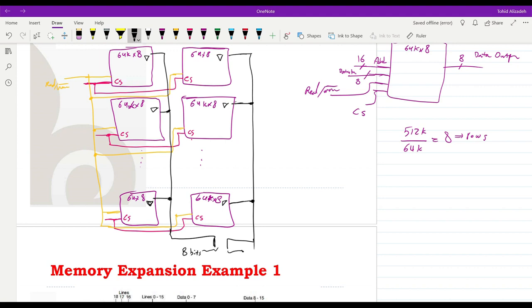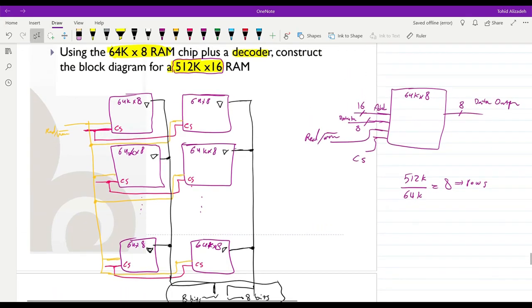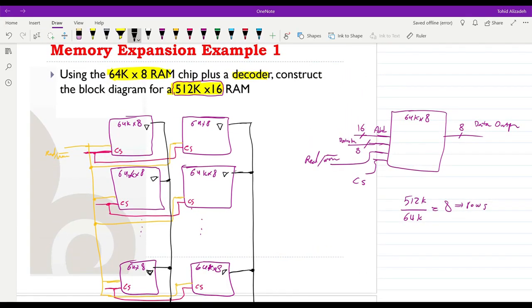This side will give us 8 bits of data, and in total we will have 16 bits of information. For the data in, similarly, we will divide our main data, which has 16 bits, into 2 parts. Eight bits will go to the first column and 8 bits will go to the second column. So each one of these buses has 8 bits, and in total our data in is composed of 16 bits.